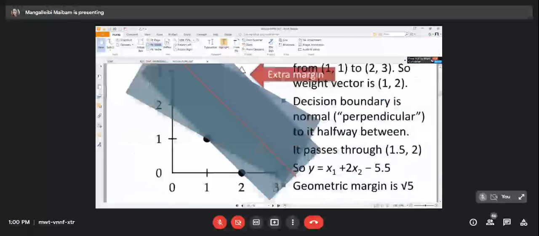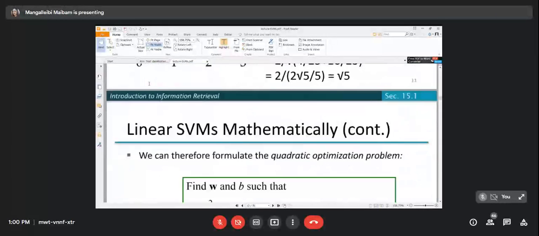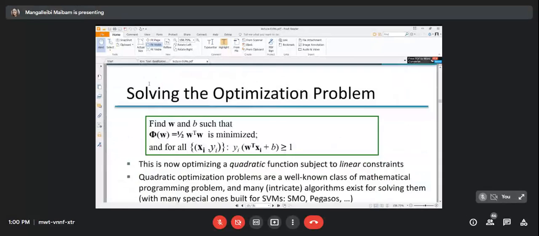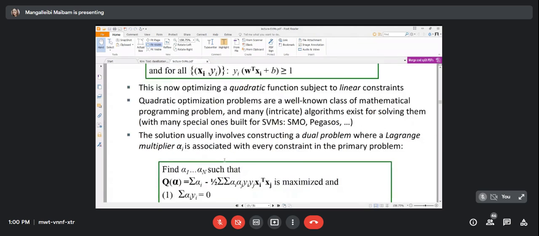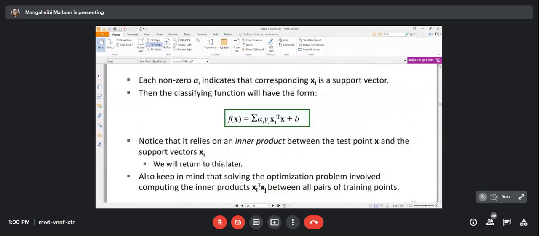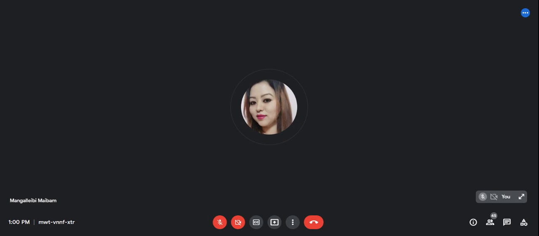But anyway, I will send the notes for SVM also. SVM is also a classifier. All these classifiers are used for our text classification purpose.